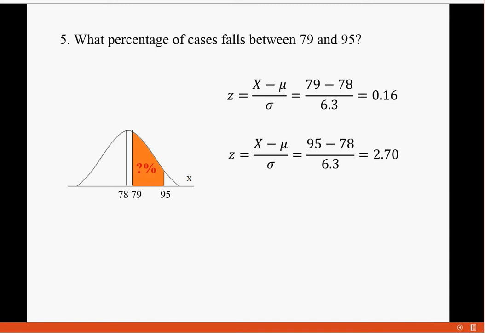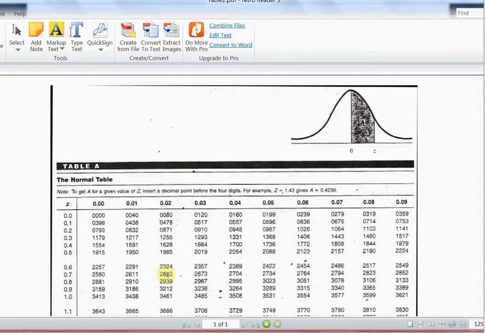by these two steps. Now, let's first figure out 0.16. 79 obviously corresponds to a z-score 0.16. That means 79 is 0.16 standard deviation above the mean. Now let's figure out what is the corresponding percentage.